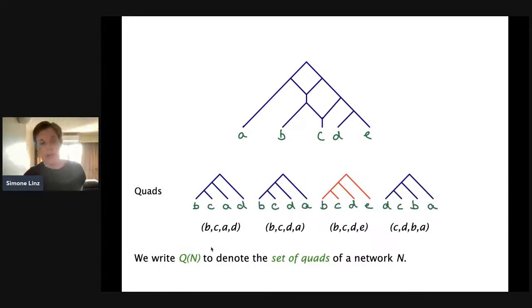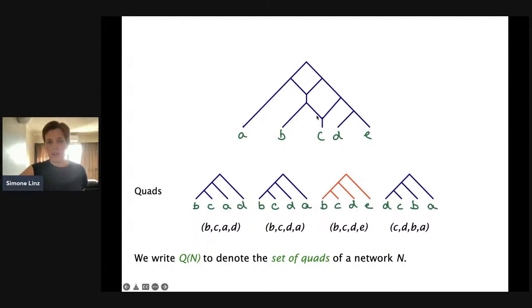Going to 4 leaves, we call trees on 4 leaves quads. For this talk, we only consider 1 tree shape, the caterpillar, which is the shape that has exactly 1 cherry. I use, again, the sequence notation. So this quad here, I denote by BCAD, and it is a quad displayed by this network over here.